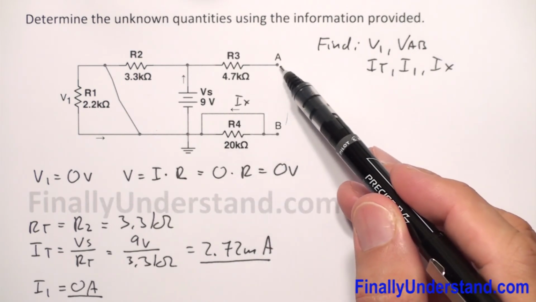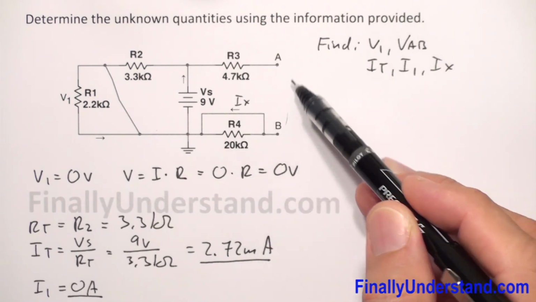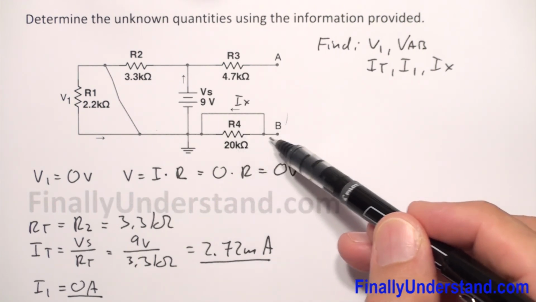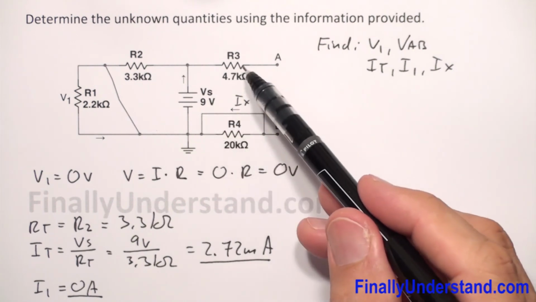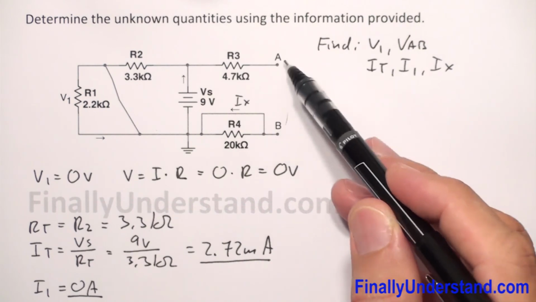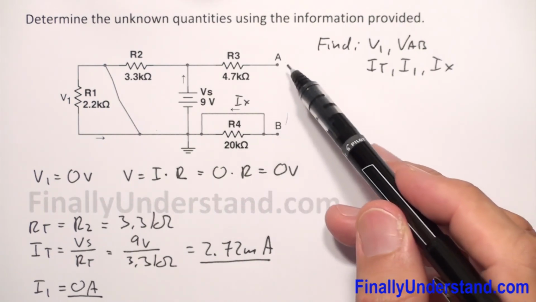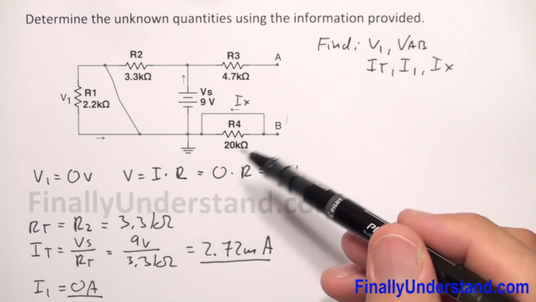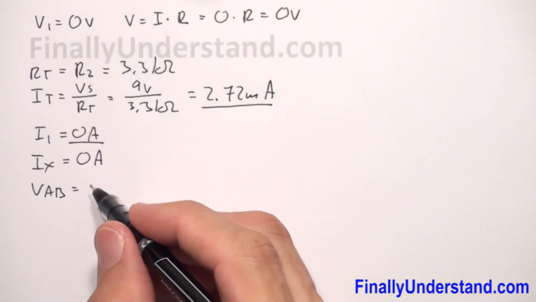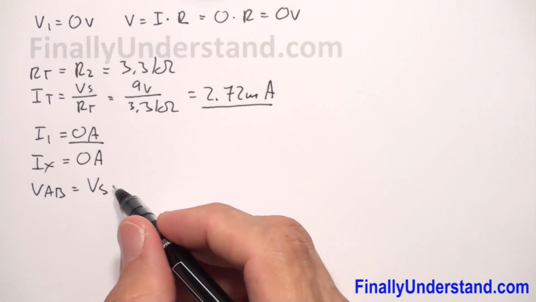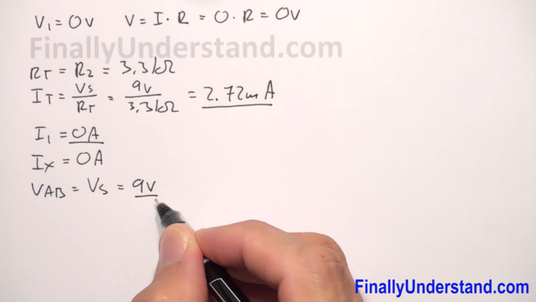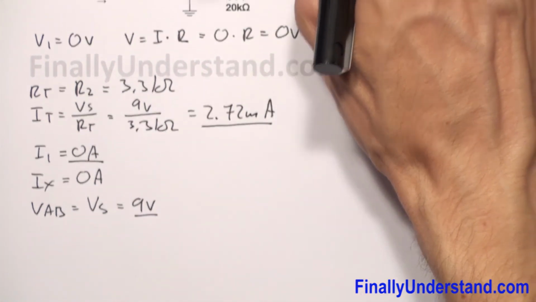So even if this circuit is going to be closed, maybe in the future, the current is not going to go through this resistor because this resistor is shorted. So no matter how big this resistance is going to be, voltage between these 2 points at this moment is going to be equal to voltage source. So VAB is equal voltage source, and this is equal 9 volts. Okay, and these are the solutions to my problem.